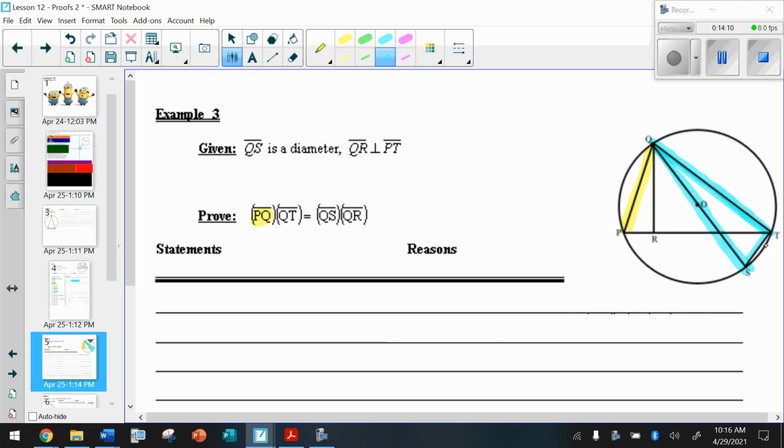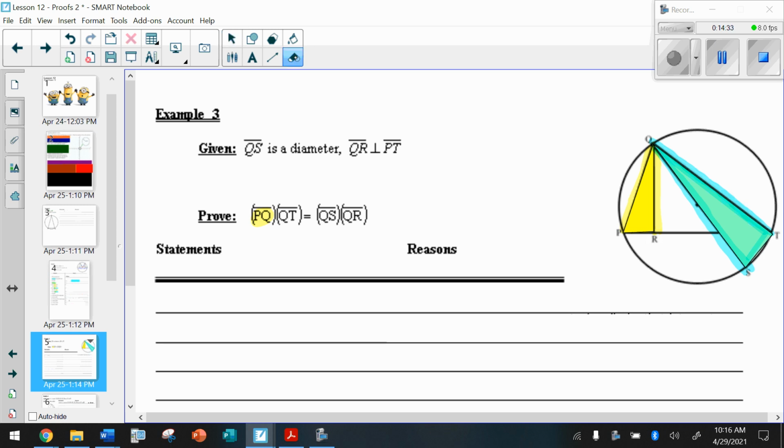All right, so then what about the yellow one? The next or last segment we have mentioned here is QR. I need to make a yellow triangle out of those two yellow pieces, so that's PR. So that gives me the idea of which triangles we're going to use.